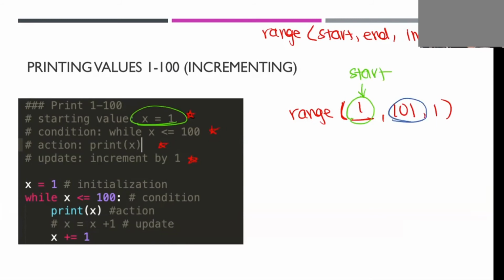We want to go up to 100, but also include 100, which means this is the same thing as x is less than 101, because if we just write 100 in there, then we will lose the 100 as a value. So you want to use 101 instead, because it's not including this value here. So 101 is the better choice. And then finally, we know we have to increment by 1. So this is why our step is 1.